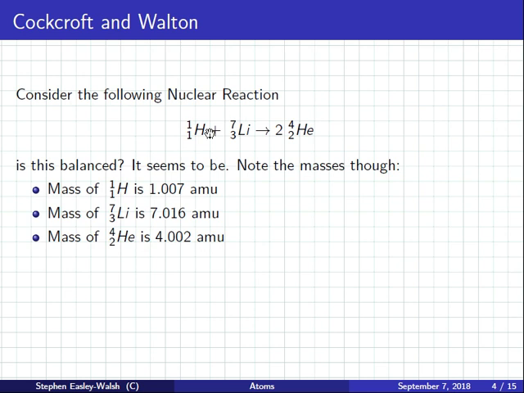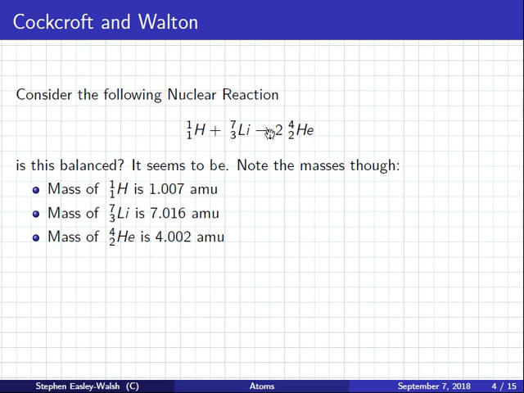I want you to add these 2 masses together, the proton plus the lithium, and tell me what you get. Do you add them together? 8.023 AMU on the left. Did you write that down?